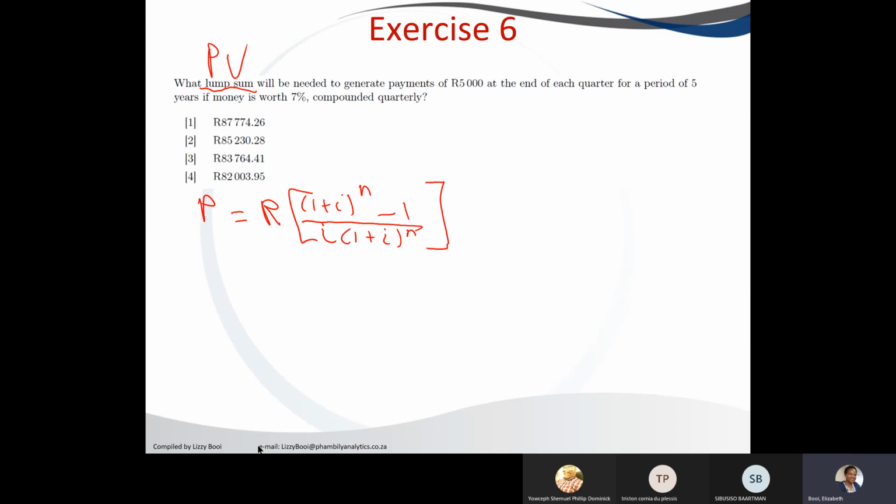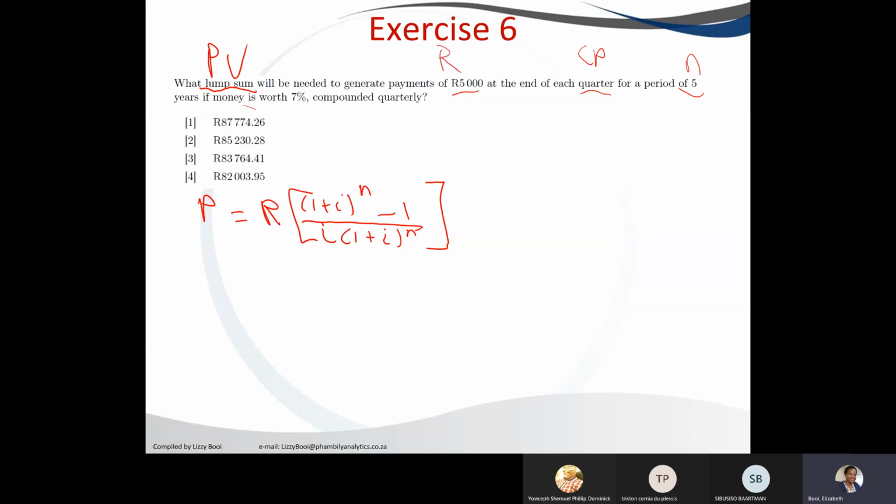Okay, so I guess you all agree. So the first thing we do, this is our payment, and it's compounded quarterly. So it will be 4 quarters for 5 years. That's our N, that's our compounding period.